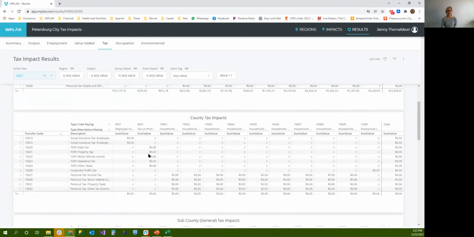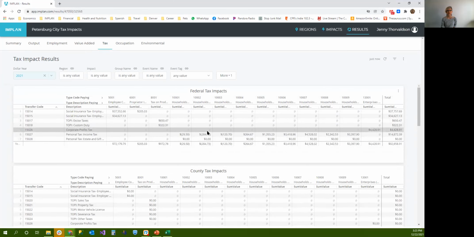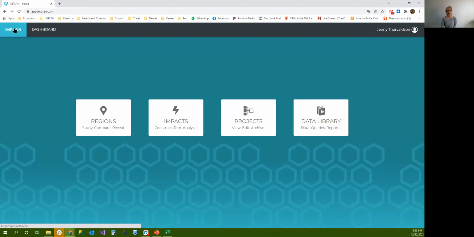So that's what it is, just a really quick look at how taxes look in impact results. And then I also want to show you there is something in IMPLAN that's new called the data library, and that's not associated with impacts, but is more for exploring data.